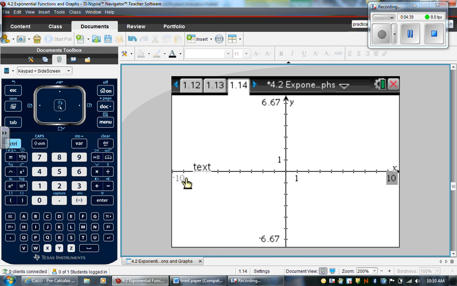It doesn't make sense to deal with negative years. So we want this to be starting at year 0, and then we could say 30 years would be an appropriate time. Usually that's how long a mortgage is. Now, when we talk about our y-axis, this is the amount of money in the account at the end. So we're starting with 100,000. We're going to want something quite a bit larger, so maybe 500,000. So let's adjust this.